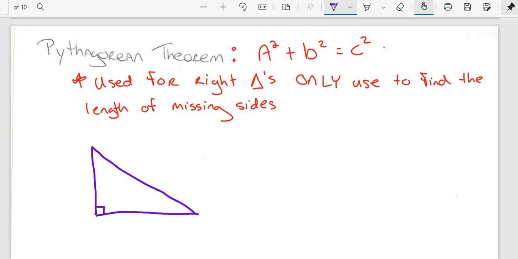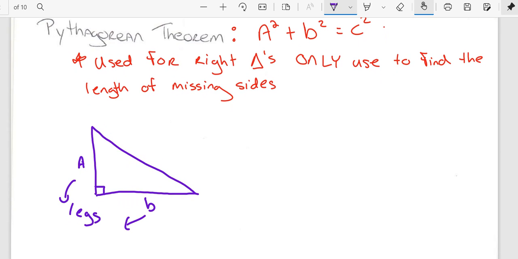The legs are going to be our A and our B. And the legs are always going to be the two sides that form the right angle.